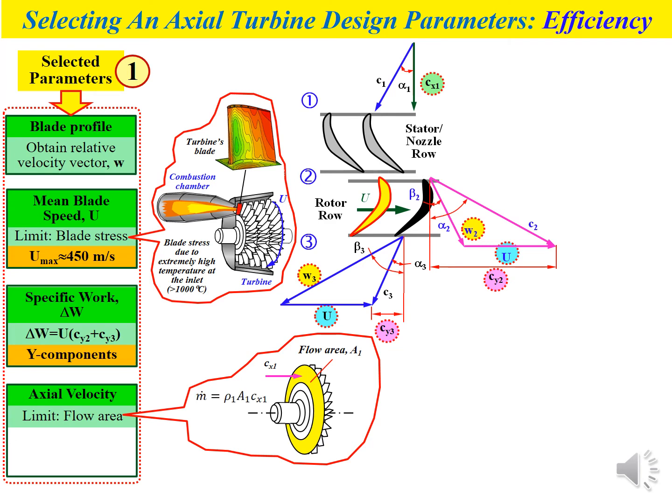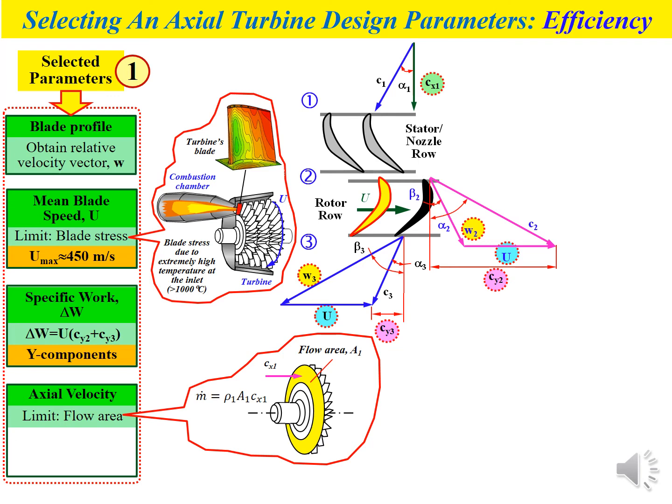So the mass flow rate of the fluid that enters the turbine depends on the size of this flow area, where we have m dot, the mass flow rate, equal to rho A1, the cross-section flow area, multiplied by Cx1, the axial velocity.